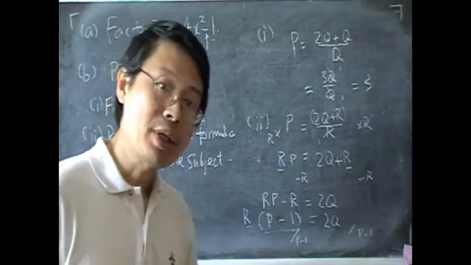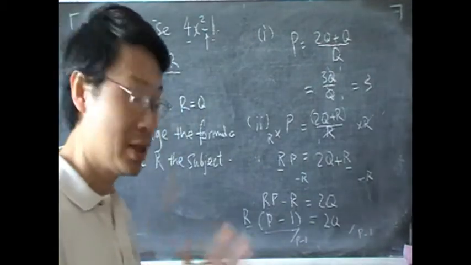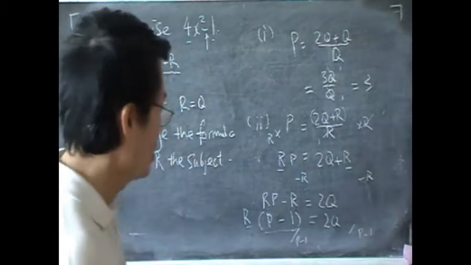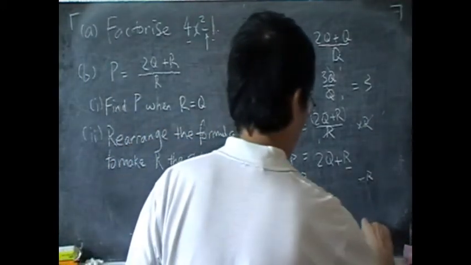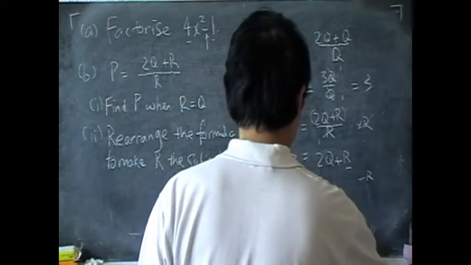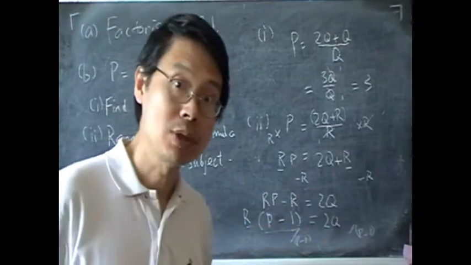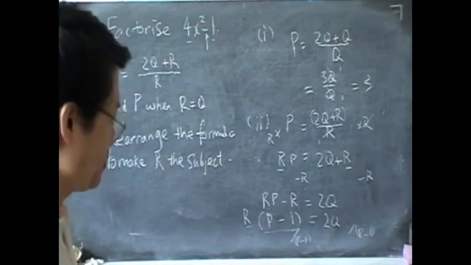Now we have to be very careful when we start dividing or multiplying by an expression. And to be careful, we put a bracket around that expression. Otherwise, it might look like we are just dividing by one of the terms in the expression.